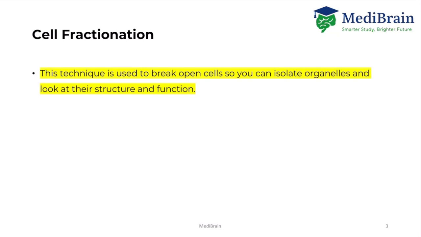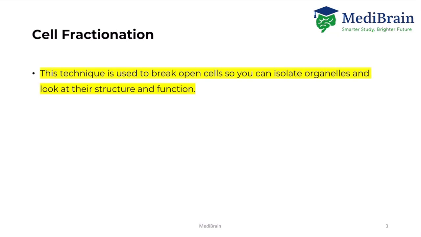It is literally taking tissue, plant tissue or human tissue, breaking it down into its individual cells and then breaking the cells down so the organelles can be released in solution. Once the organelles are released, we can analyze the specific organelles we want to. For example, if we want to analyze the structure of the nucleus, we can use ultracentrifugation to extract the nucleus, and then examine it under a microscope.